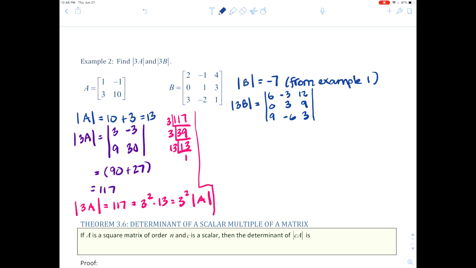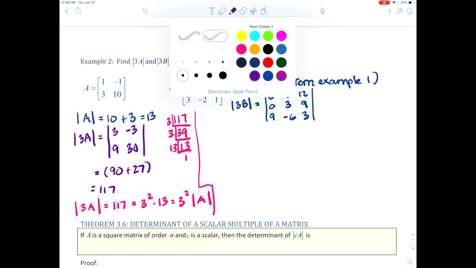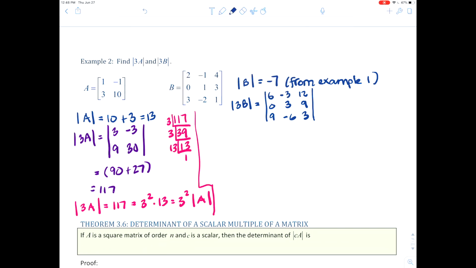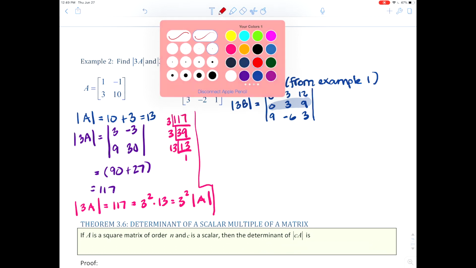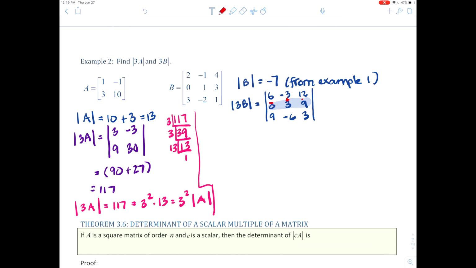So if I expand about the middle row, this would be minus, plus, minus.